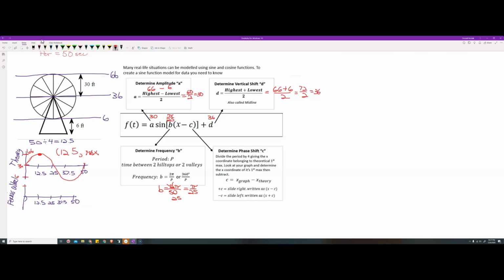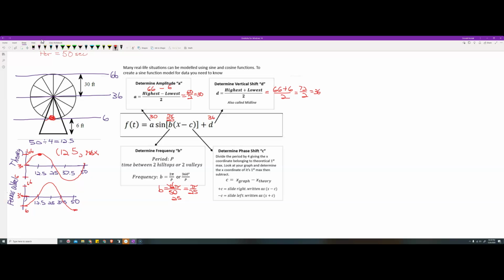Now, what the actual Ferris wheel is doing, with 66, 6, 36, is that you're starting here. So the Ferris wheel is starting at 6, and then it's going to do its sine curve.